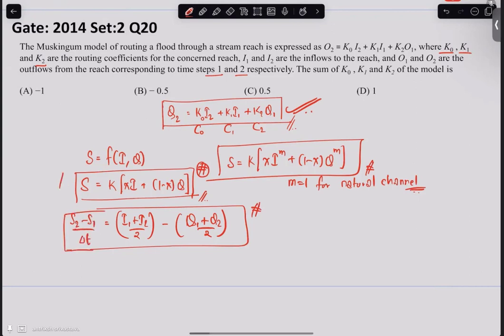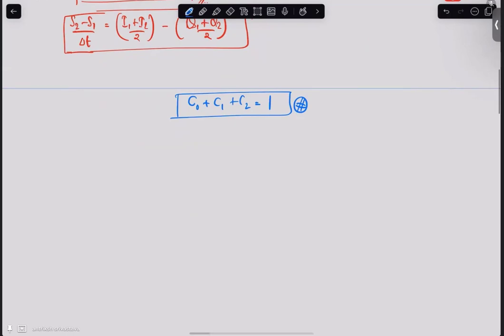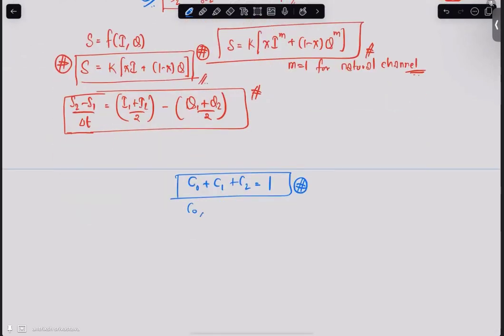So I'm not going to go through the derivation. If you feel that you forgot the derivation or that it is important, then you can go through it. But basically, the sum of C0, C1 and C2 is always 1. It's arithmetically not possible to get any other sum. But what condition people often forget is that to use this channel routing, you must get C0, C1, C2 greater than 0.